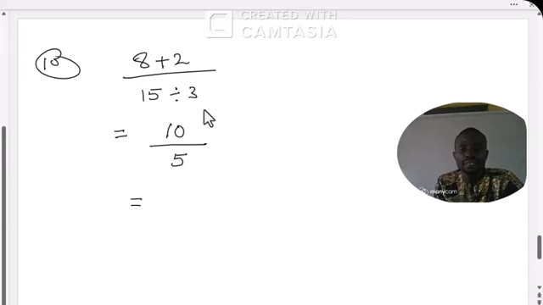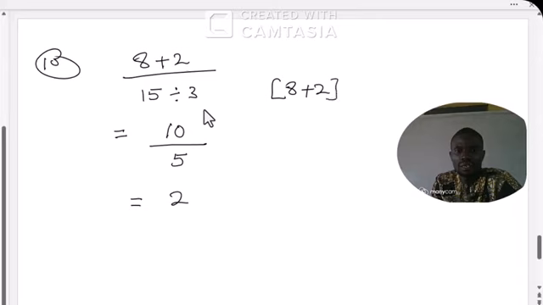10 divided by 5 gives us 2. Okay, so don't forget that it can also be written as 8 plus 2 divided by 15 divided by 3.